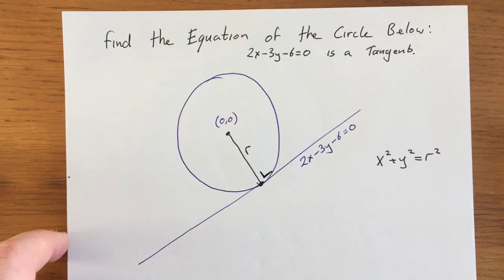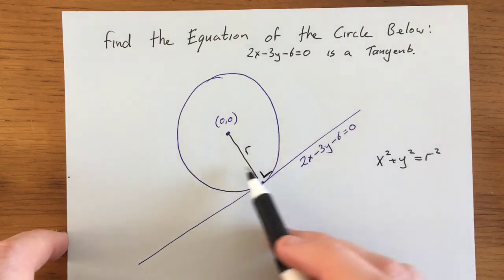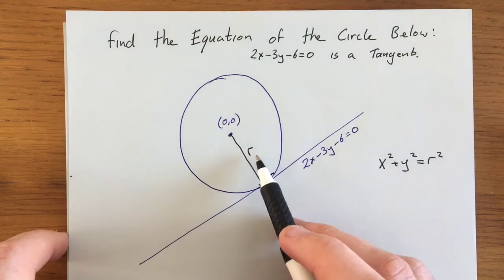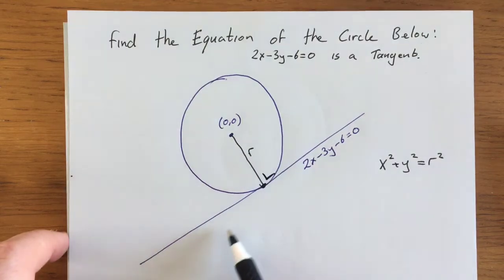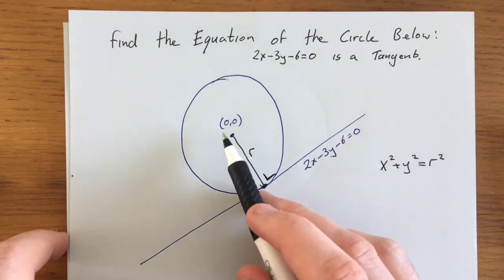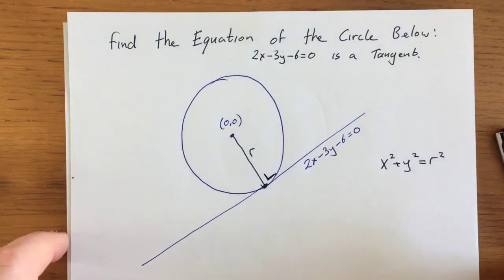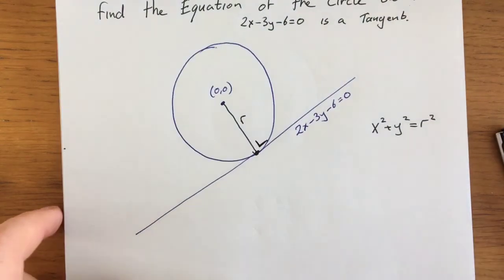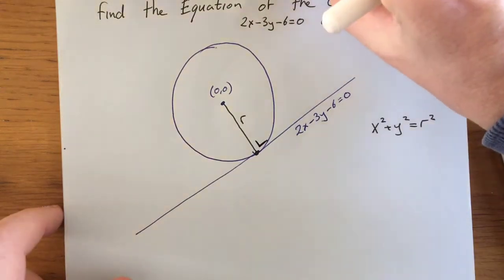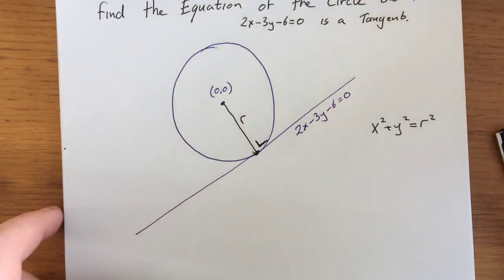That's very important, because now, if you think about it, we are just looking for the perpendicular distance between this line and this point here. And we already have a formula for the perpendicular distance from a point to a line, from the last video.